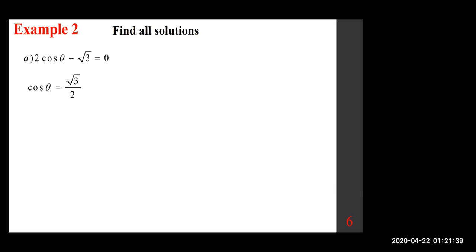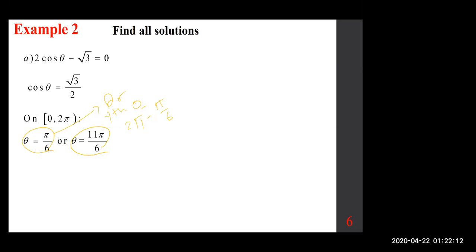And so the answers are, notice what the answer will be again. Not only is this an answer, it is also the reference arc. Since it's in the fourth quadrant, all you have to do is 2 pi minus pi over 6.